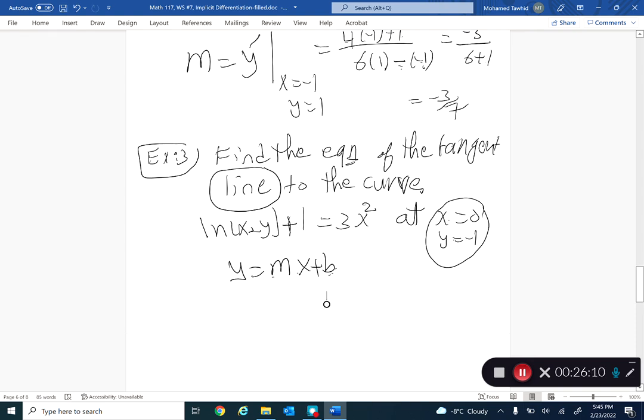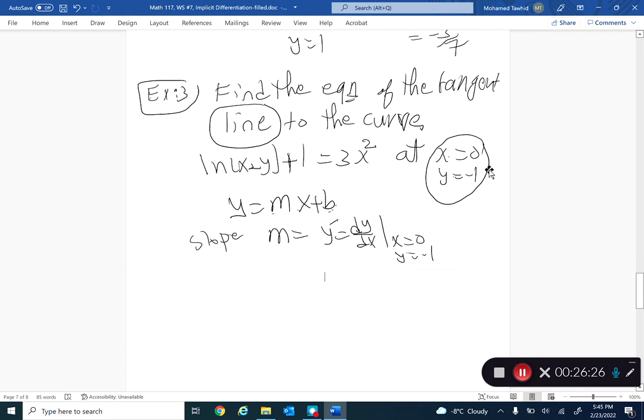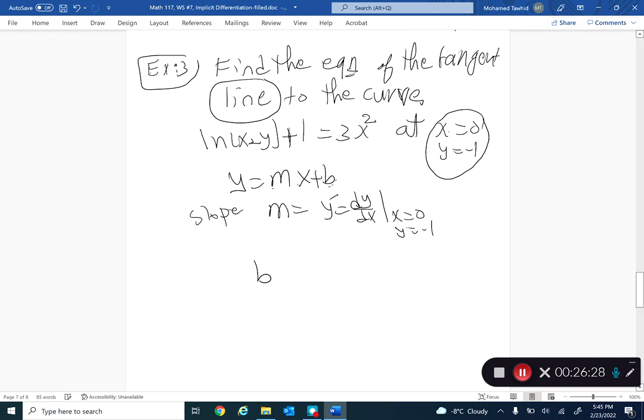Let me show you how to get your slope. Your slope here is nothing but the derivative dy by dx at x equals 0 and y equals -1. That is our slope, right? How to get the y-intercept? That is your b here, called the y-intercept. You need one point, which is x equals 0 and y equals -1.